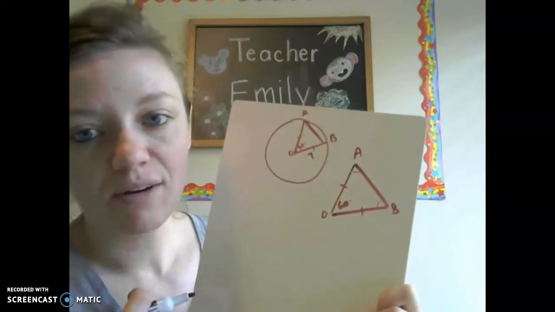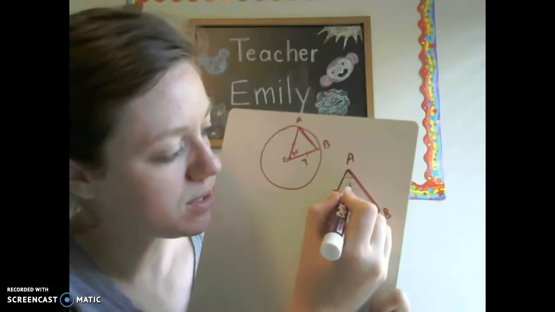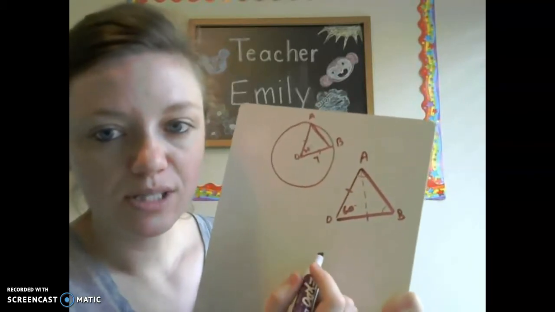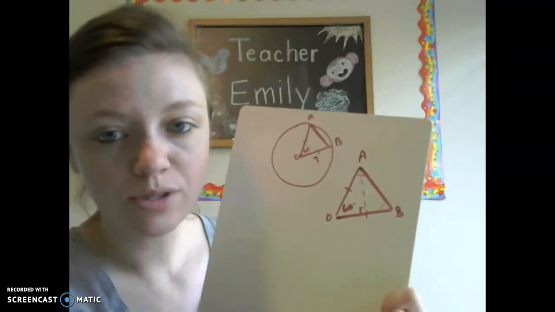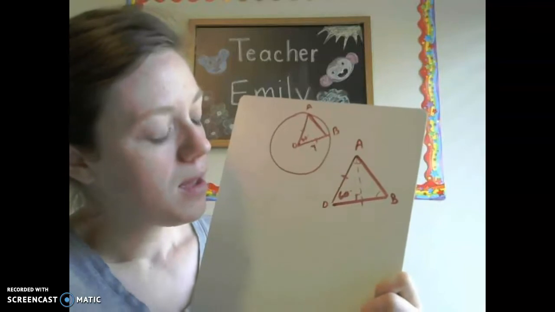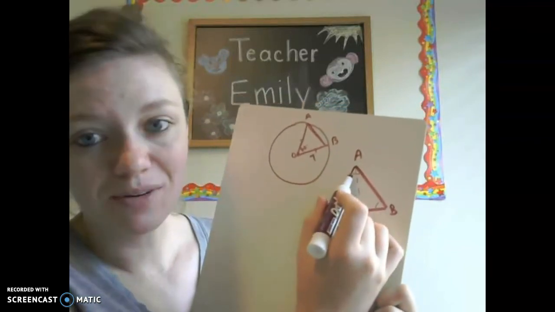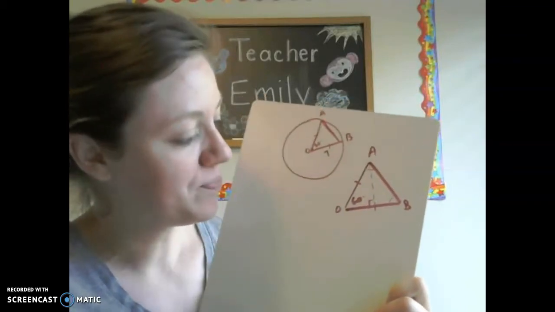In order to find the area of this triangle, we need to figure out the height. So I'm going to draw a dashed line down here, because we can turn this into 2 right triangles. Since we know this is 90 degrees and this is 60 degrees, this has to be 30 degrees. So here we are again with the 30, 60, 90 degree triangle theorem.